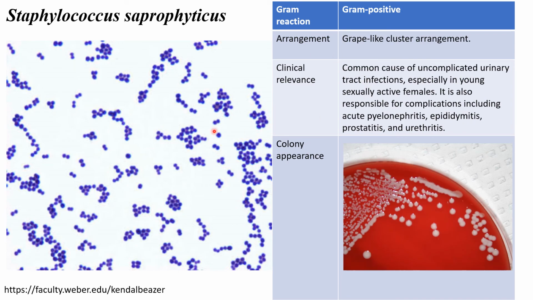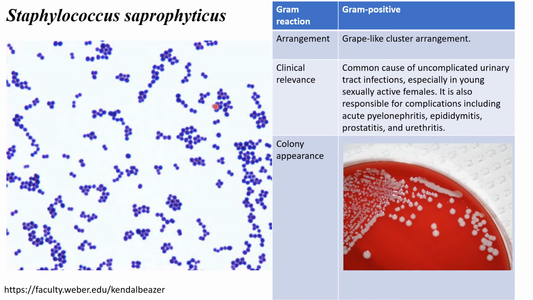Okay, another thing we have Staphylococcus saprophyticus. Staphylo, grape-like, coccus, round shape, and common in uncomplicated urinary tract infection.